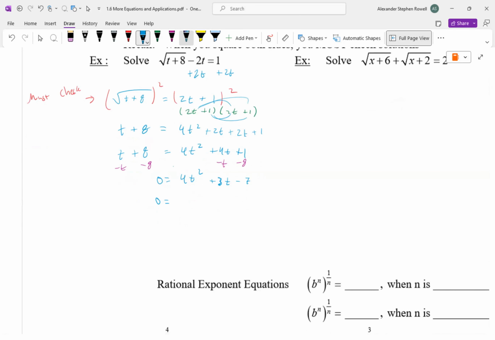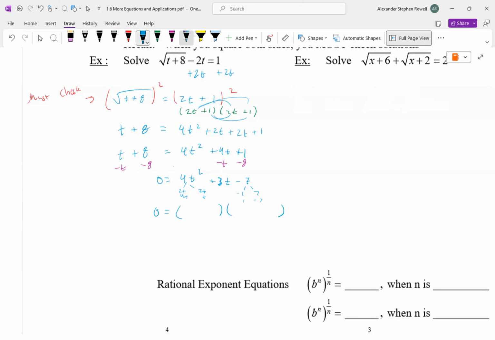Are you guys comfortable with guess and check? So what are our options for 4t squared? Maybe 2t and 2t, or 4t and 1t? Those are the options. What are the factors of -7? -1, 7, 1 and -7. So we just need to try every combination of each of those, or you can do AC method if you're uncomfortable with this guess and check.